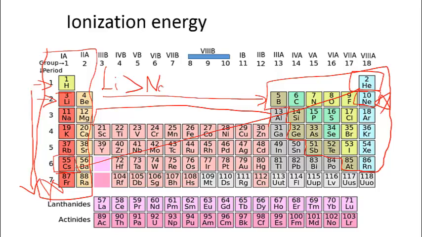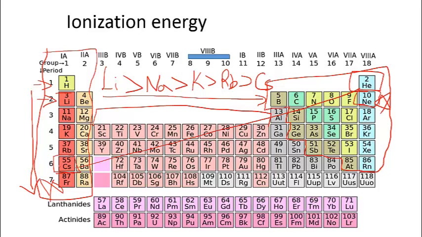Next would be sodium, followed by potassium, followed by rubidium, and then lastly, cesium would have the lowest ionization energy because the effective nuclear charge tends to stay the same for a given column of the periodic table.